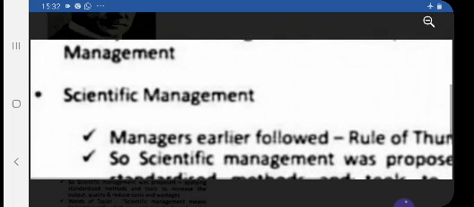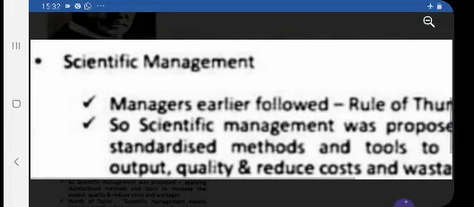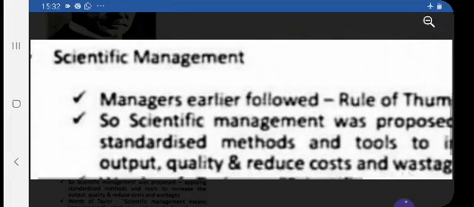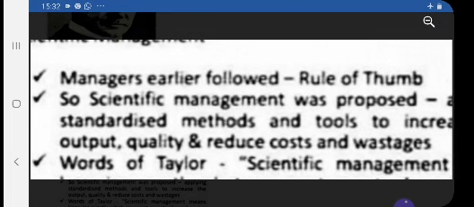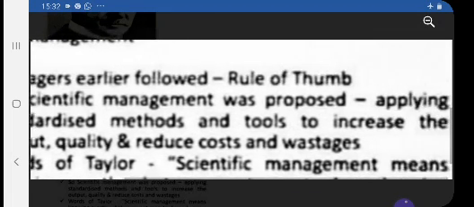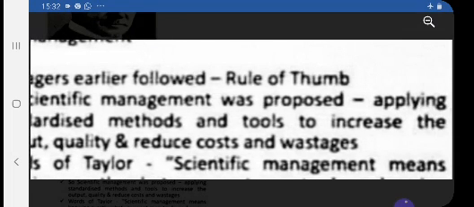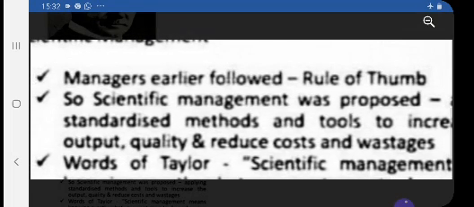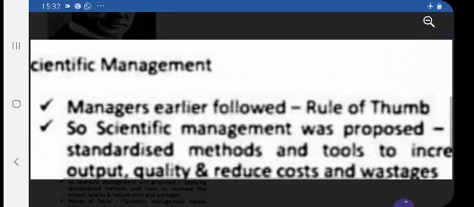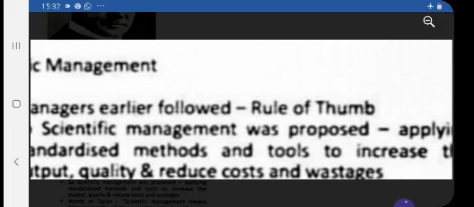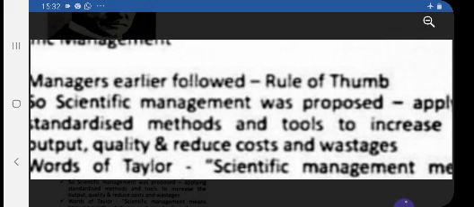Basically, scientific management focused on scientific techniques or standard tools used to increase the output, quality, and reduce the wastage, that is, cost and wastage. Earlier, managers followed the rule of thumb. Rule of thumb means whatever things are in practice, there is no scientific reason why these rules are being followed.